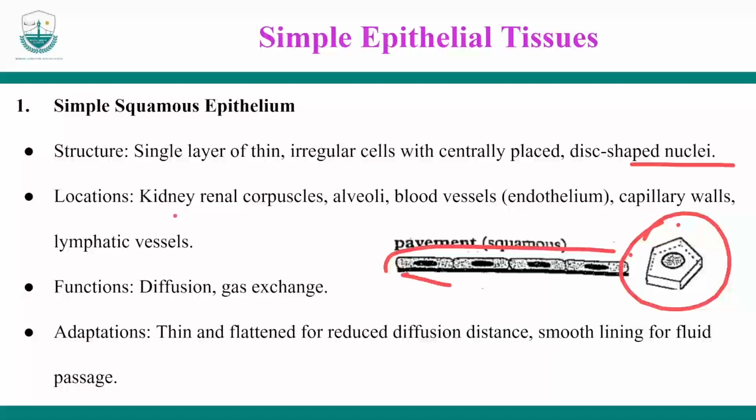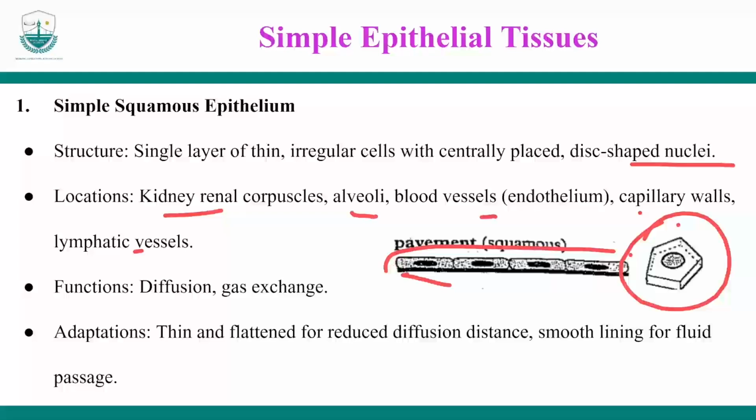We find this type of epithelium in the renal capsules, in the alveoli, in blood vessels, especially the endothelium, and then the capillary walls, and then the lymphatic vessels. So anywhere where you need diffusion, including the alveoli and the blood vessels, especially the capillaries.